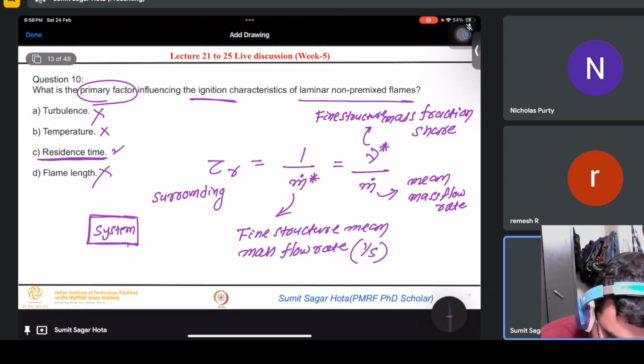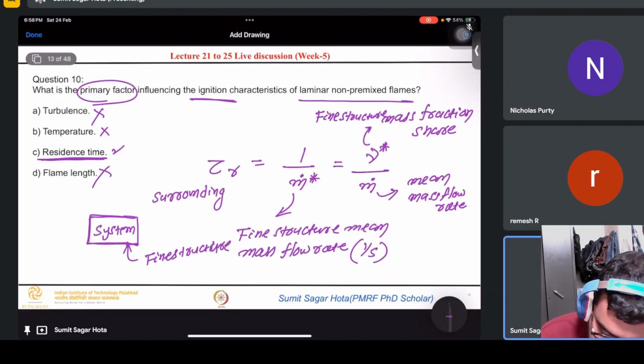So in the system we take all the meshes as fine structures, so that we can very easily capture the reaction mechanisms.